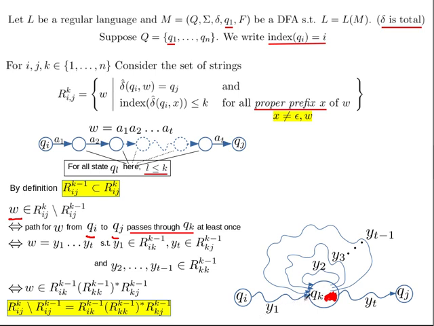Say you have already processed this y1, which is a prefix of w, right? So these are strings, not symbols. So all these yi's are strings.